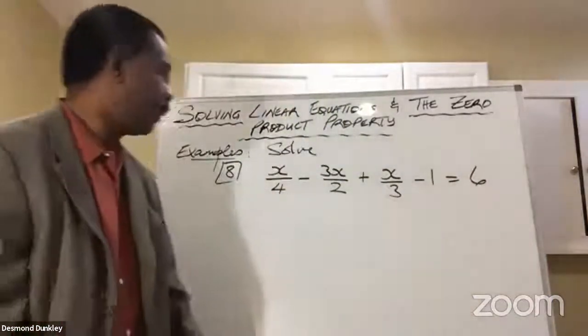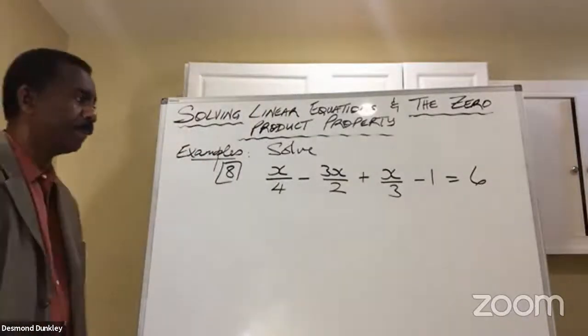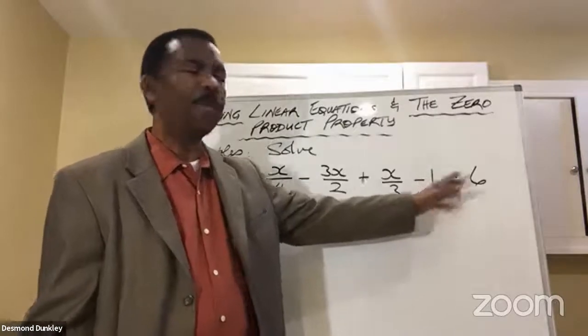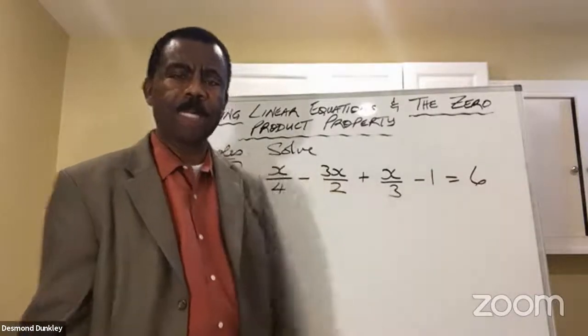I don't know. Let's see what happens here. Let's start by getting rid of the negative 1 here. So we add 1 to both sides, and we get 7.